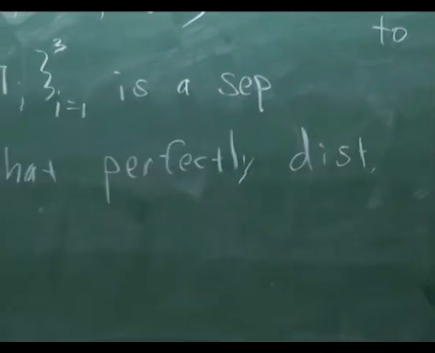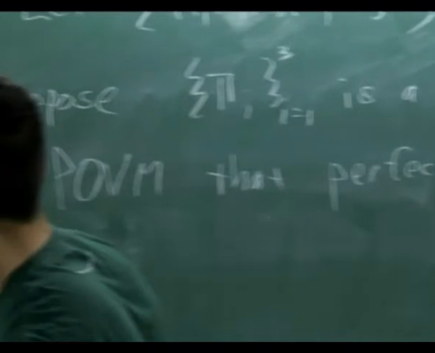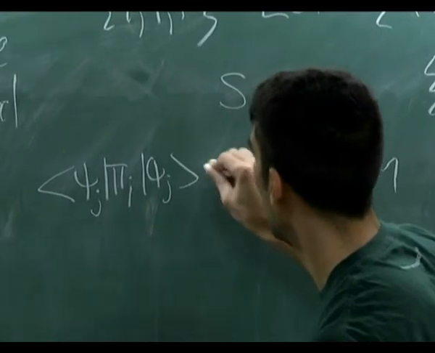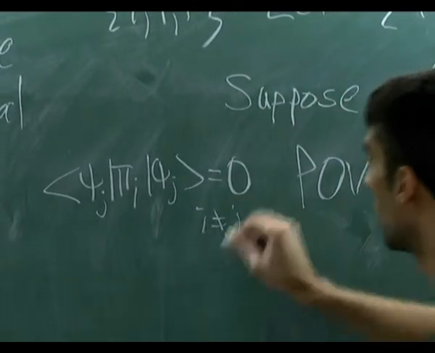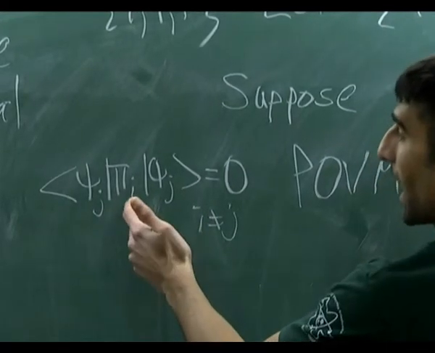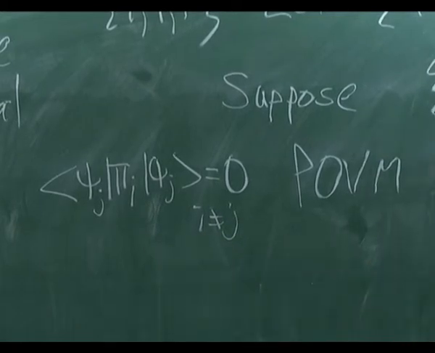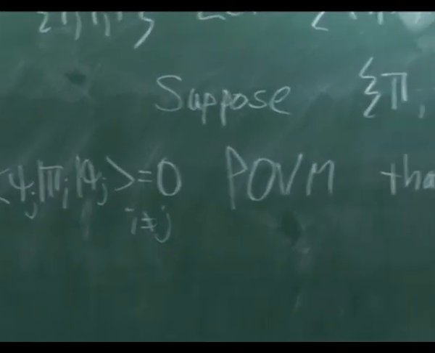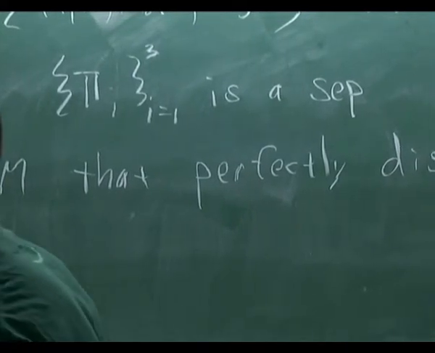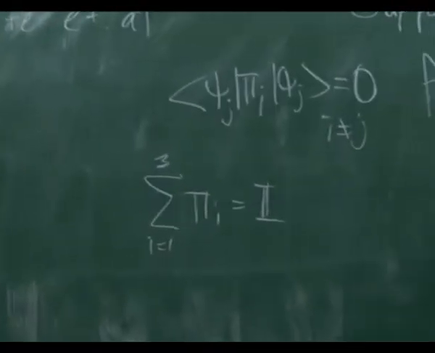Well, we know that psi j pi i psi j must be 0 when i is not equal to j. We demand this, otherwise we'd run some possibility of error. So we will only have a click at pi i if we're given state psi i. And we also, of course, have that the pi i sum up to the identity, because it's a complete measurement. So both of these imply that we can write pi i in the following form.